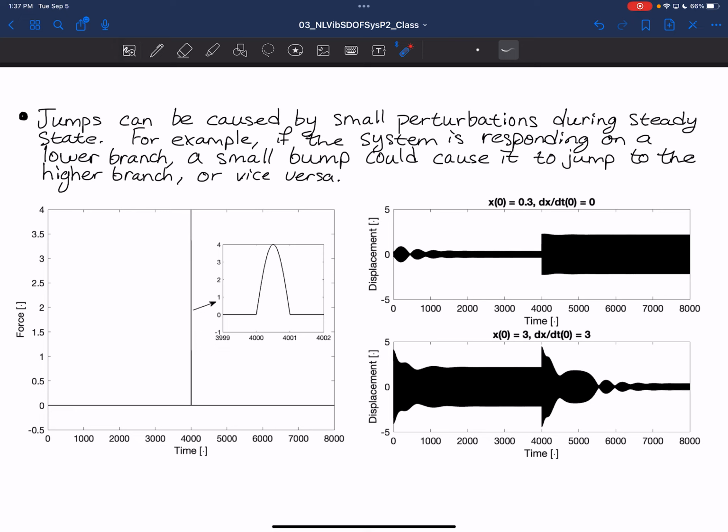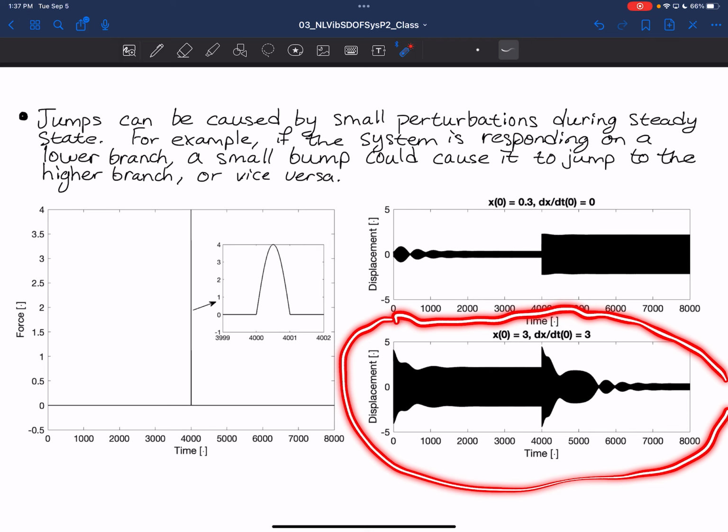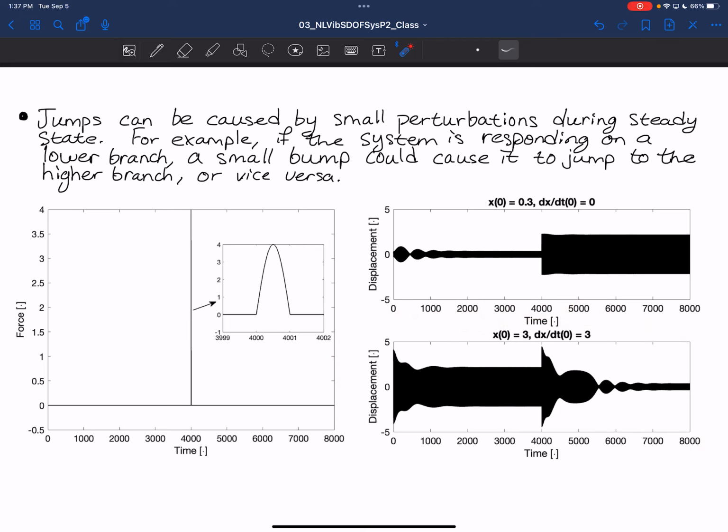And it also depends on when you apply the force. If you apply this at a later time, it may or may not jump. For example, I wanted to extend the time, which goes up to 8,000, to 10,000. So I shifted it to 10,000 and I applied the force at 5,000. And this particular case would not jump, would not change.